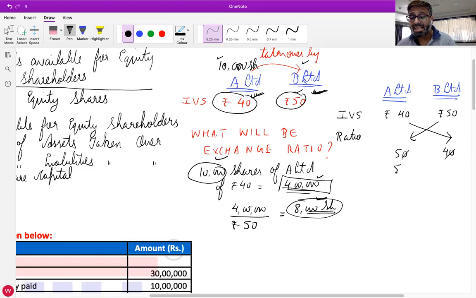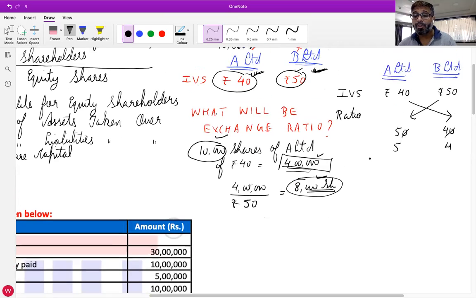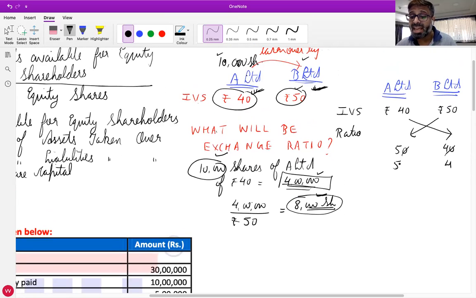In terms of ratio, can I say 5 to 4? Means for every 5 shares of A Limited, you give 4 shares of B Limited. As I told you, you are giving 50 rupees shares, so you will give fewer shares. So against 5 shares of A Limited, you will give 4 shares of B Limited.